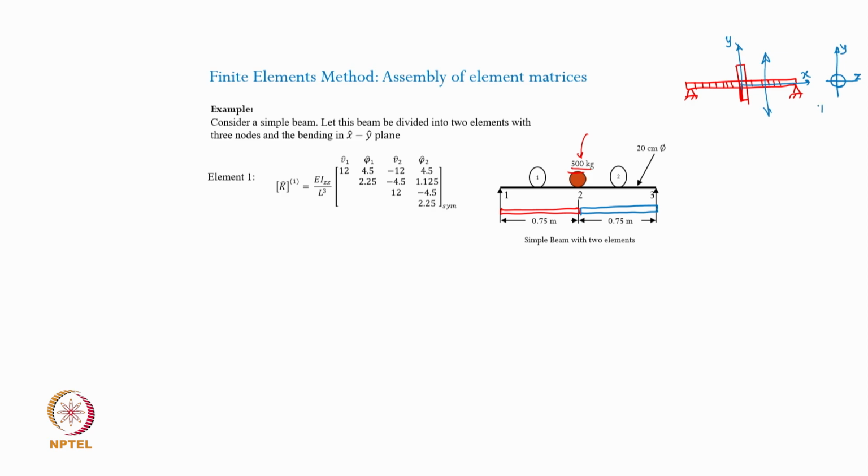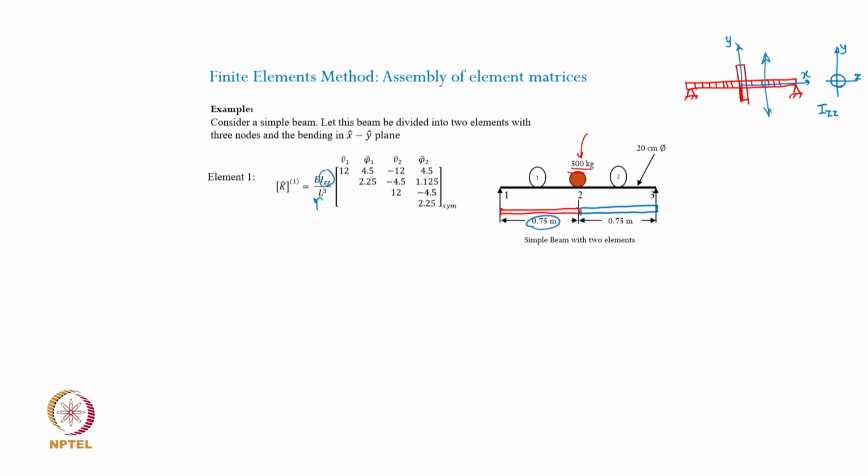So, IZZ represents the area moment of inertia of the beam about the z axis, and that is what will appear here. The elastic modulus will be based on the material of the shaft, and length L will be this length of the finite element.